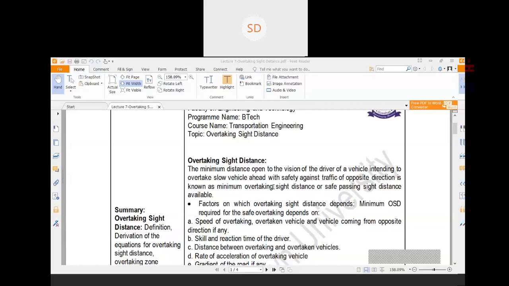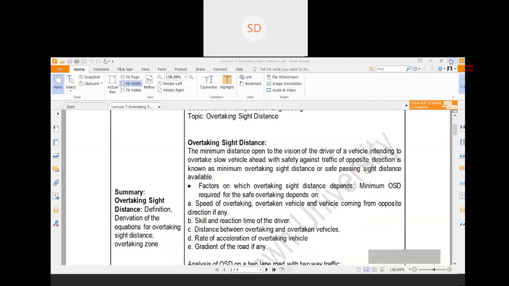Now there are different factors which affect the overtaking sight distance. The first factor, which is obvious, is the speed of the overtaking vehicle, that is the vehicle which will overtake the slow moving vehicle, the speed of the overtaken vehicle, or the vehicle with lower speed, and the vehicle coming from the opposite direction.